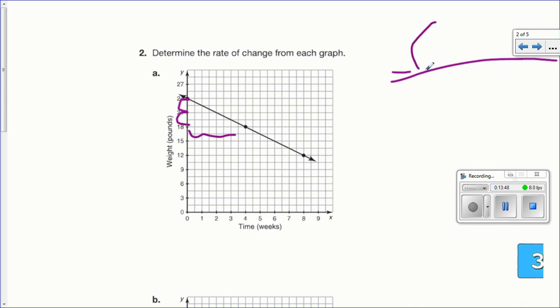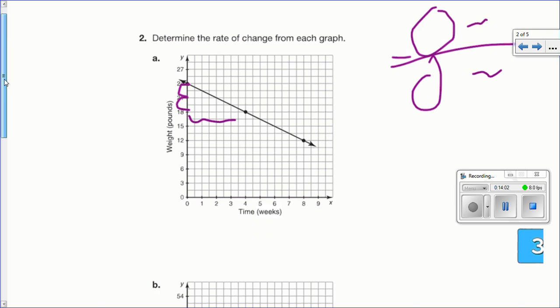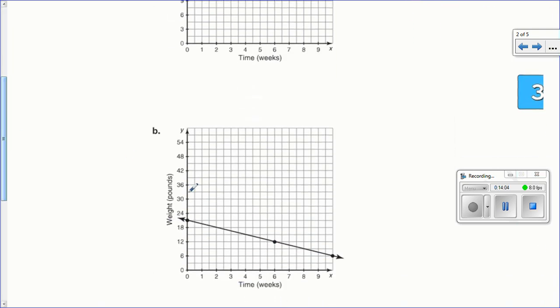Figure out that over the run, and it's going to be pounds over weeks, because pounds is on the Y. And then on B, it's going to be pounds over weeks again, and find your rise or your fall, negative something, over your run. Press play. Once you have tried that, you may work with a neighbor. Go.